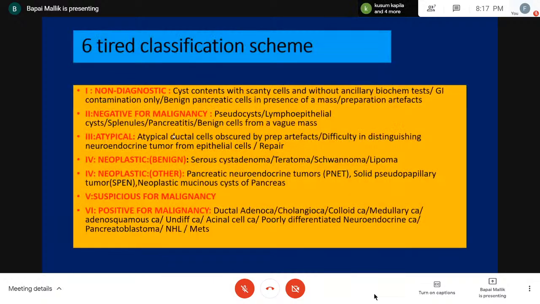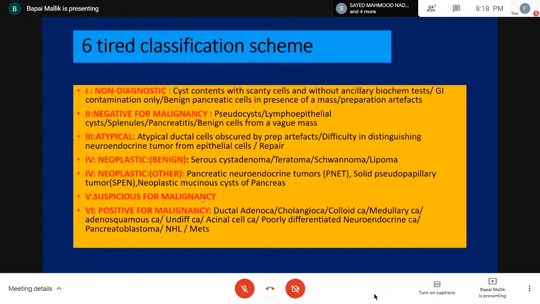They have divided things into a 6-tiered classification scheme comprising non-diagnostic, negative for malignancy, atypical, neoplastic, which has 2 parts, benign and other, then suspicious for malignancy and positive for malignancy.